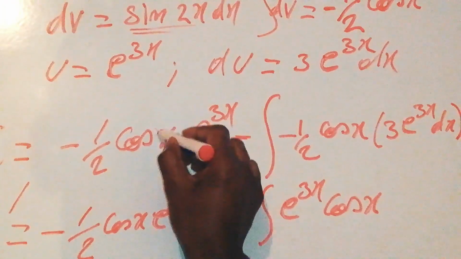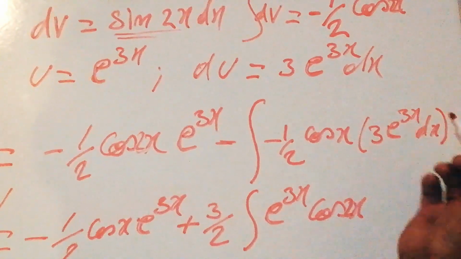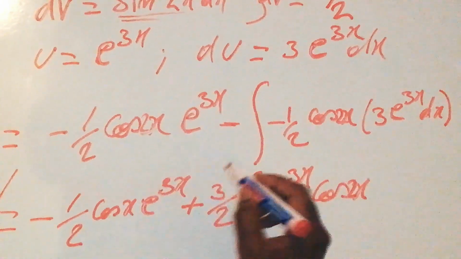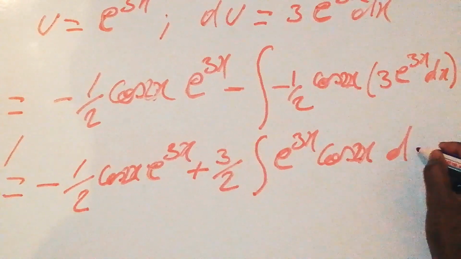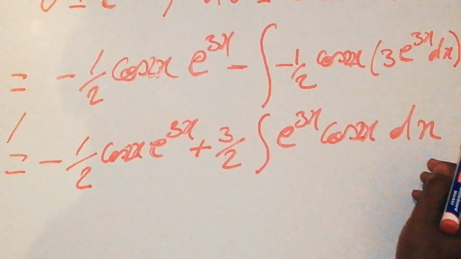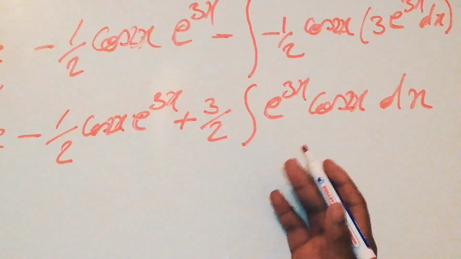You've seen that I've forgotten something somewhere there. Sorry for that. It's fine. Cos 2x dx. Right? So once I have that one in place, I go further now.